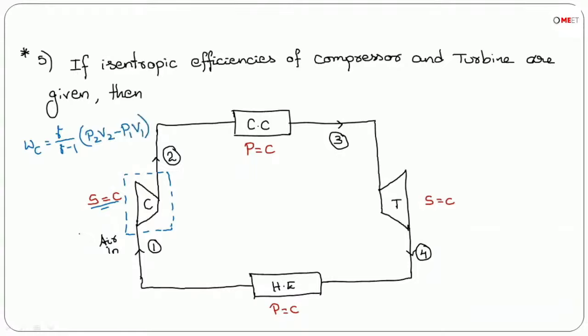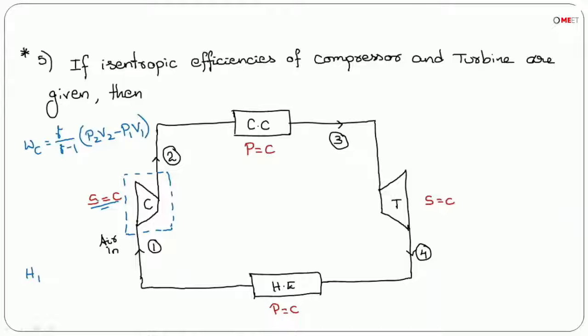Or we can write this work required for compression in another way also, by applying the steady flow energy equation here. Let us consider H1 is the enthalpy with which air is entering into the system. As the process is isentropic, there will be no heat loss, and let us assume negligible variation in the kinetic and potential energies.